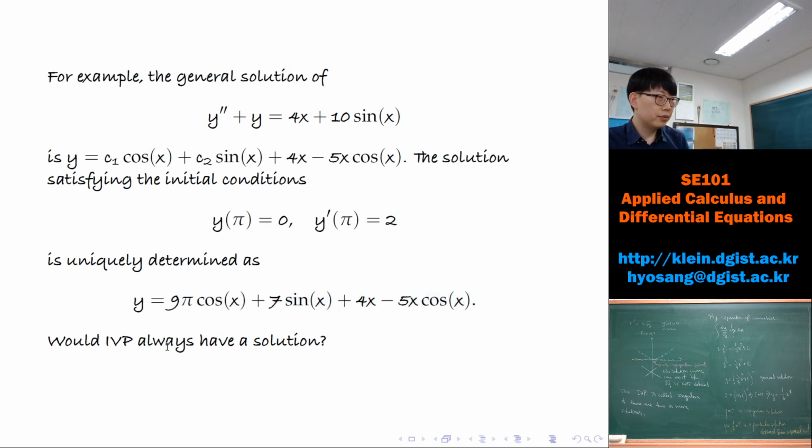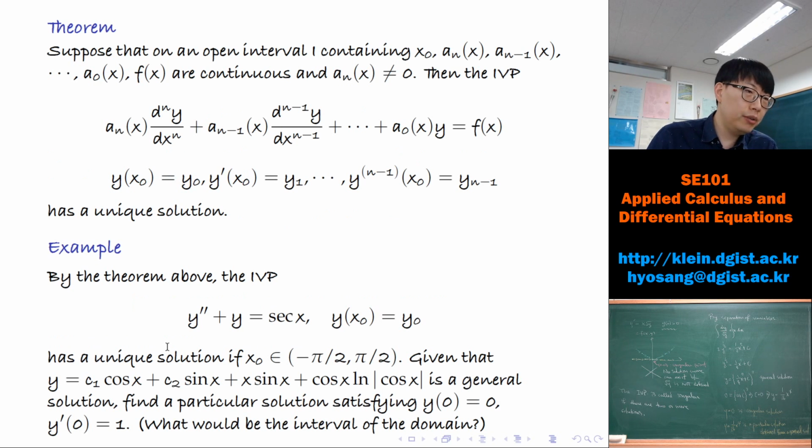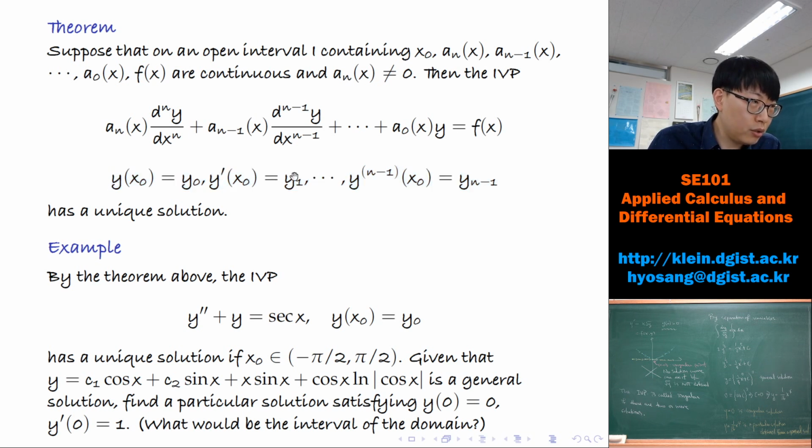Now, the question is, when does this initial value problem always have a solution? So here's the theorem. If you have a linear differential equation, and this is a linear differential equation right here, where all the degrees of the derivatives are 1, and it could be homogeneous or non-homogeneous, and this differential equation has initial conditions, with derivatives up to order n minus 1, so you have n initial conditions, one for each derivative, then it has a unique solution.